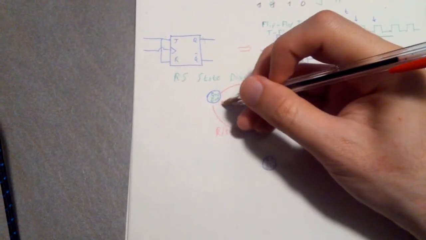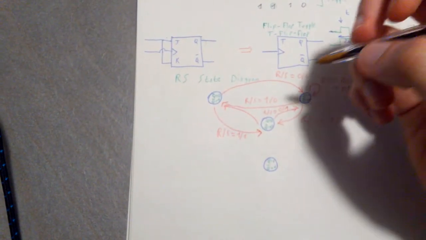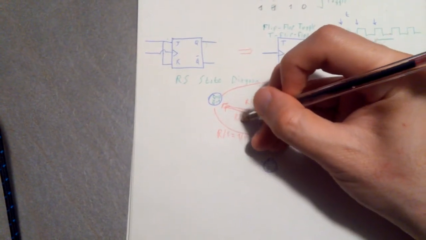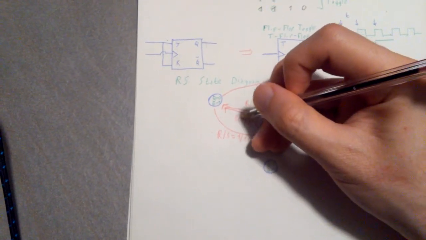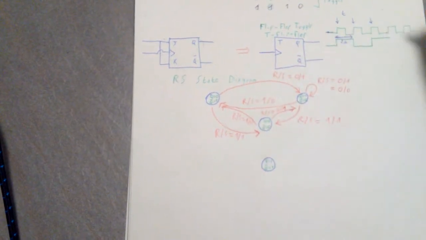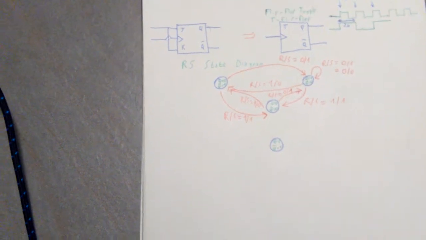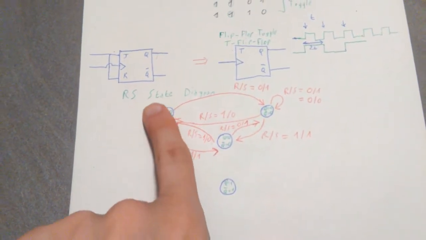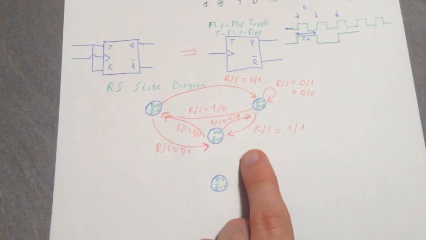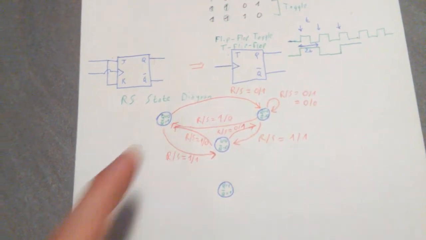And if I want to go out from this state and go back here, I can say, okay, we're going to set R to 1 and S to 0, and I'm going to go out from this other state. So this is basically how you can draw the state diagram, by putting the states in which we can actually be, with a Q and a Q not output.